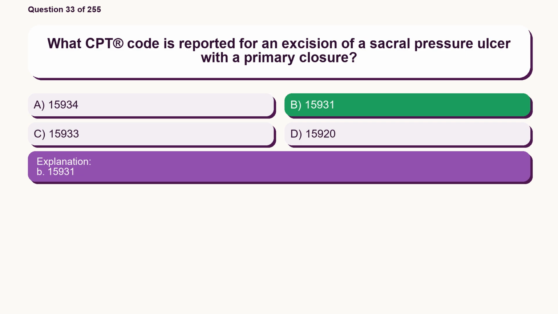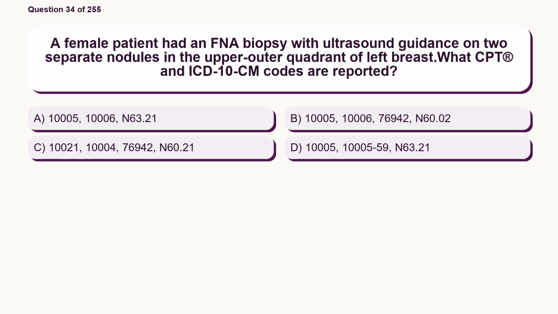Question 34. A female patient had an FNA biopsy with ultrasound guidance on two separate nodules in the upper outer quadrant of the left breast. What CPT and ICD-10-CM codes are reported? Option A, 10005, 10006, and 63.21. Option B, 10005, 10006, 76942, and 60.02.